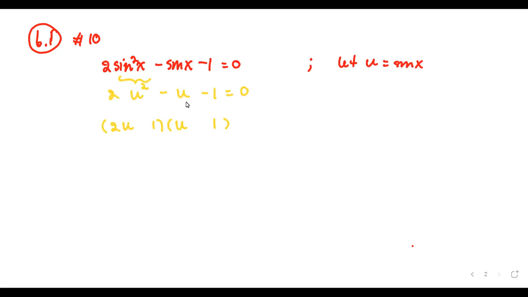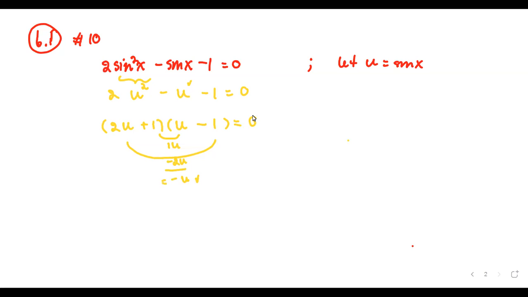But we're going to find the appropriate signs to have the middle term as negative u. It's going to be negative here and positive here. And you can double check: the inner is going to be 1u, the outer is negative 2u, the sum is going to be negative u. Checked.